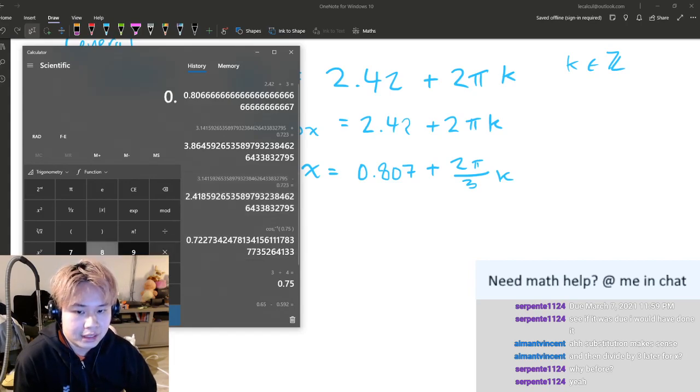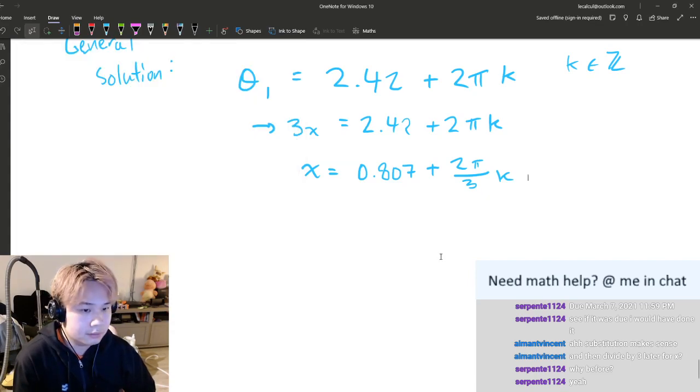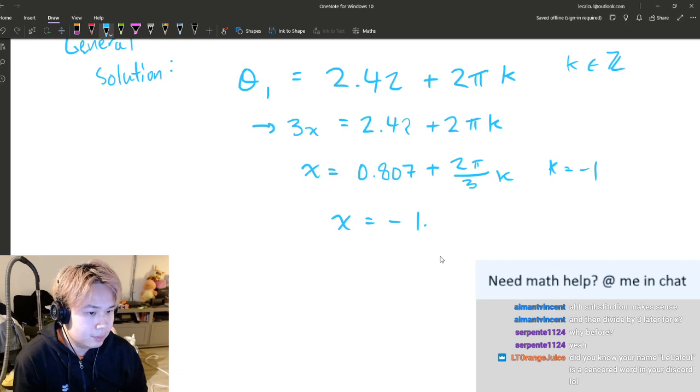So 0.807, and then I subtract 2 divided by 3 times pi. So there you go. Negative 1.29. So then I say k is negative 1, and then x is negative 1.29.